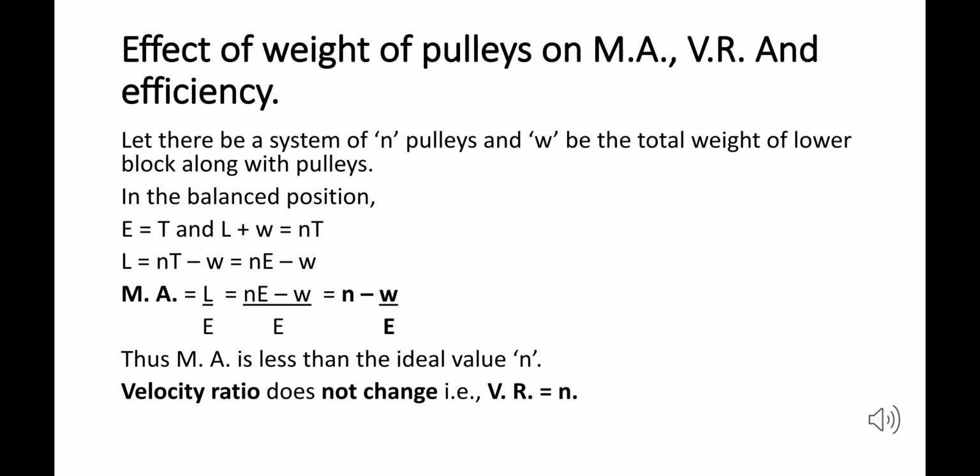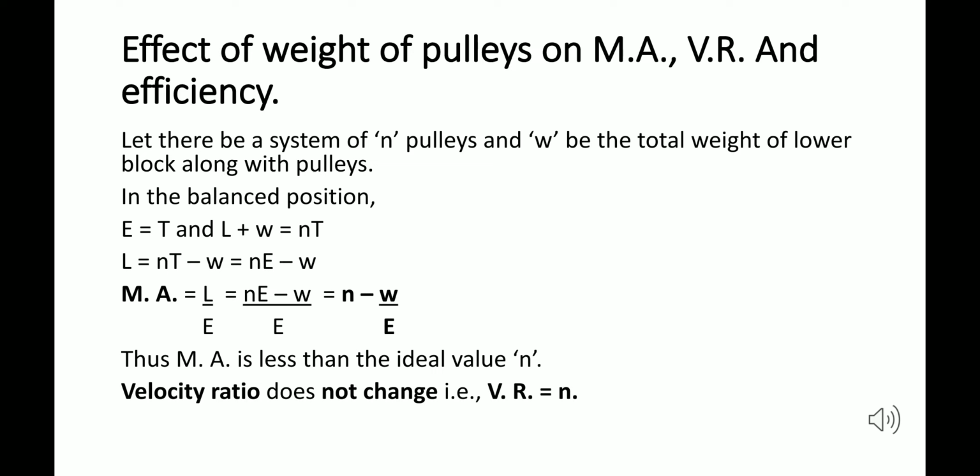Now we have W also. The weight now becomes load plus W is equal to NT in the balanced position. Now W moves to the other side, so L is equal to NT minus W, and T is equal to E, so we can write it as NE. So NE minus W is equal to load.